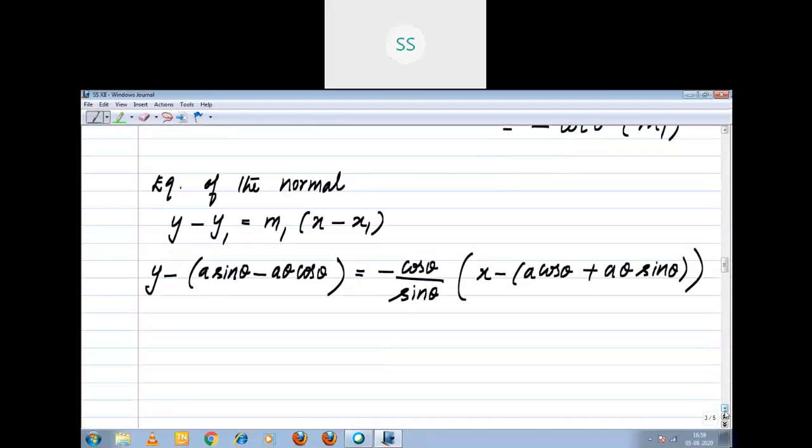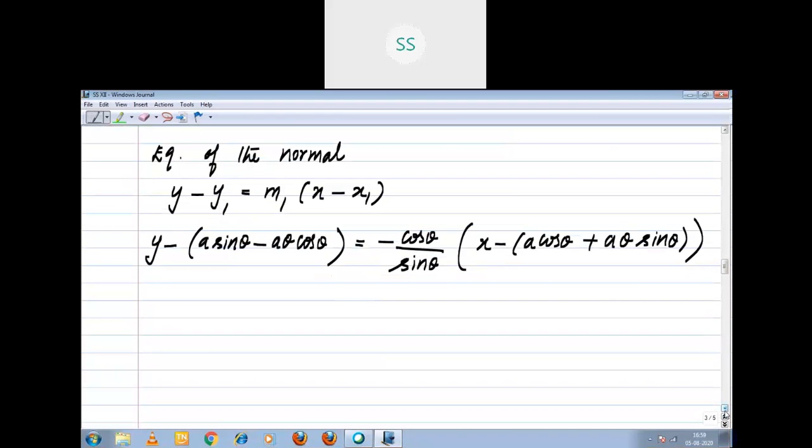Now you are going to simply multiply. Use sin theta and multiply, use cos theta and multiply.